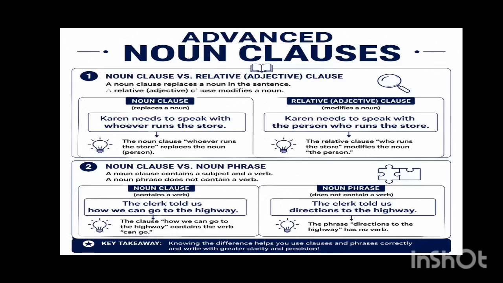This is a noun clause because it includes the verb can go. But in the sentence, the clerk told us directions to the highway, this is a noun phrase because it has no verb. So if you see a subject plus verb inside the structure, you may be dealing with a clause.